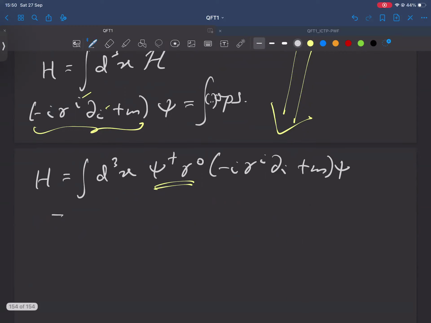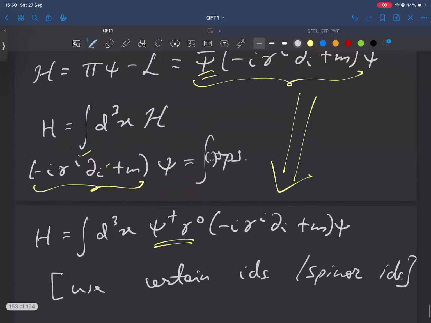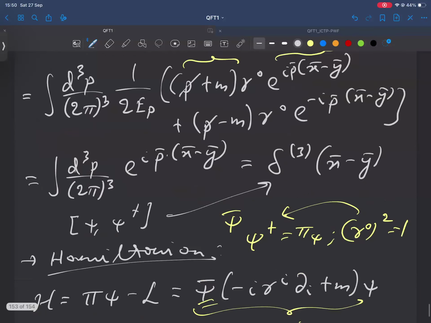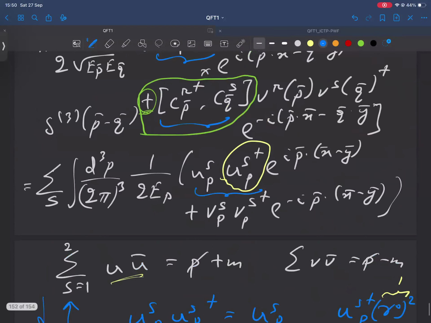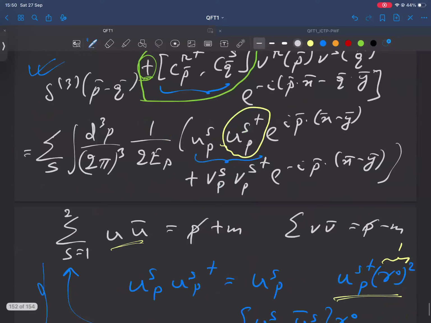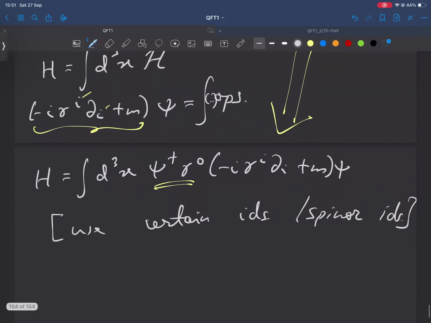And here you have to use certain identities that we stated, those spinor identities. Again, this calculation is similar to this one, how we carefully did this part. So you do that carefully, and it's there in the notes. If you do all of this business, what you will end up with is something like this.